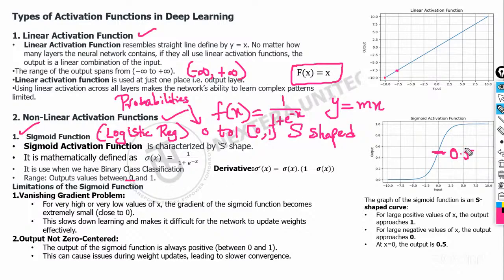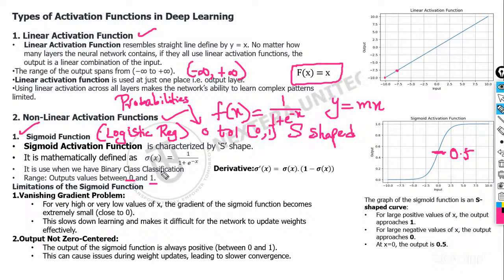If the value is greater than 0.5, the output will be given as 1. Is it making sense now? Yes. That is how the sigmoid function helps us work on a binary class classification task.